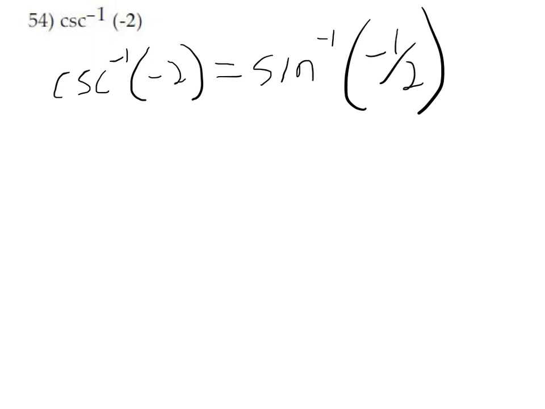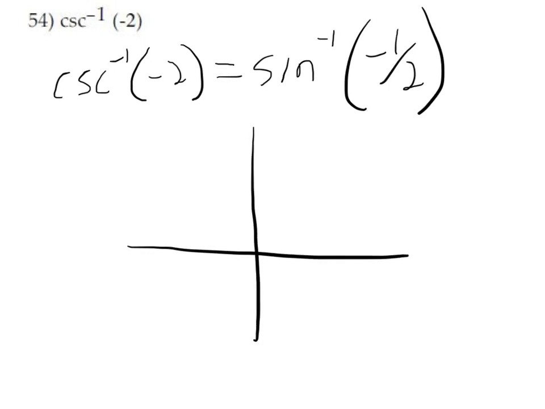Knowing this, we can think in terms of the sine world, which is a little bit easier to do. So where does sine equal -1/2? All students take calculus. We can see that sine is positive in the first quadrant and second quadrant, so it's negative in the third quadrant and the fourth quadrant.